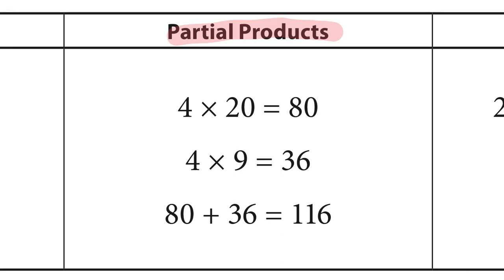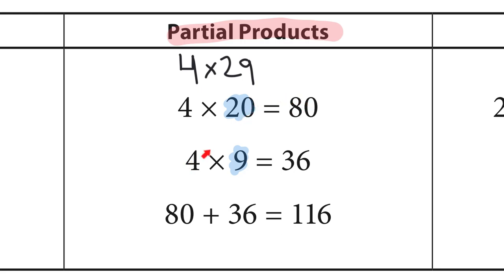No surprise there. Here would be our partial products. So if we're thinking about 4 times 29, okay, it looks like they split it. Just in case you forgot, the original multiplication is 4 times 29. And if you take that 29 and you break it into a 20 and a 9, you might have some friendlier math, because 4 times 20 would be the same as 4 times 2, which is 8, and then you put the 0 back on to get 80.